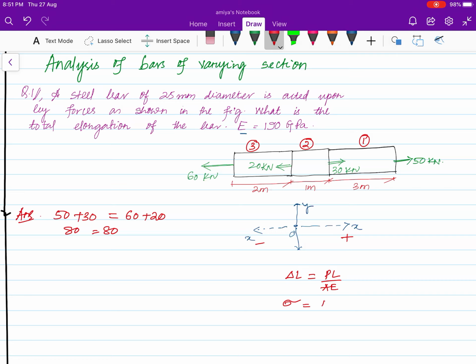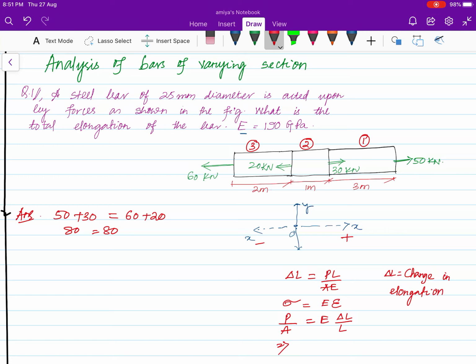Stress is directly proportional to strain within our proportionality limit, where stress is P by A and strain is change in length by original length, where del L is our change in length, the elongation.